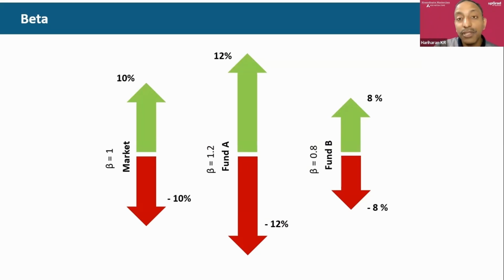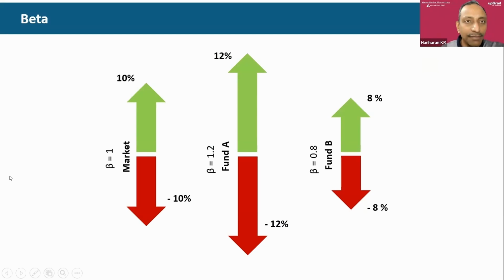On the other hand, if you are a conservative investor, you should select funds which have lower beta. When I say lower beta, less than 1, 0.7, 0.6, 0.8. Medium, moderate investors should select funds which have beta very close to 1, 0.9, 1.1, those kind of funds. Is it clear? So when you now select funds basis your risk appetite, you will have to select the funds based on their beta. Right?